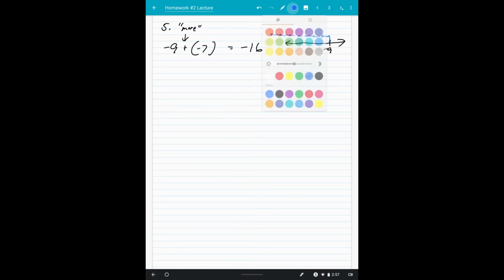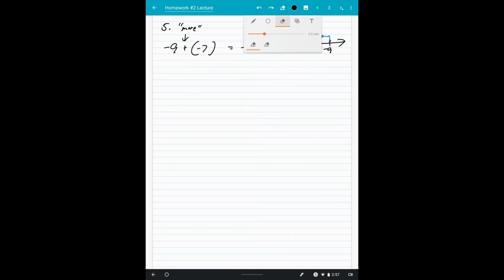So I can draw the different numbers: -10, -11, -12, -13, -14, -15, and then finally -16. So I kind of scrunched it in here. But you can see that we count 1, 2, 3, 4, 5, 6, 7 units over to get -16. So whenever we're adding negative numbers, we're making it more negative.